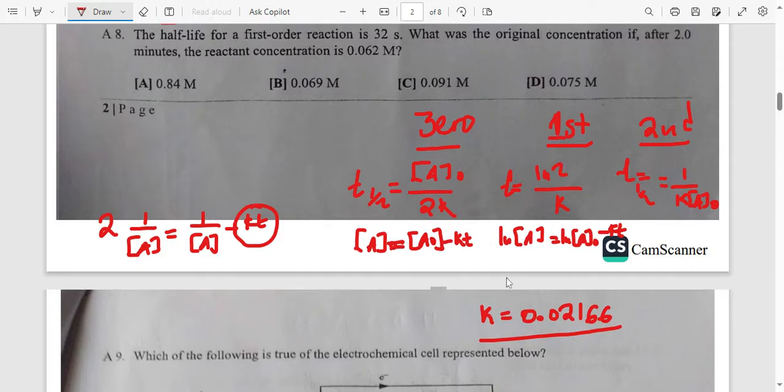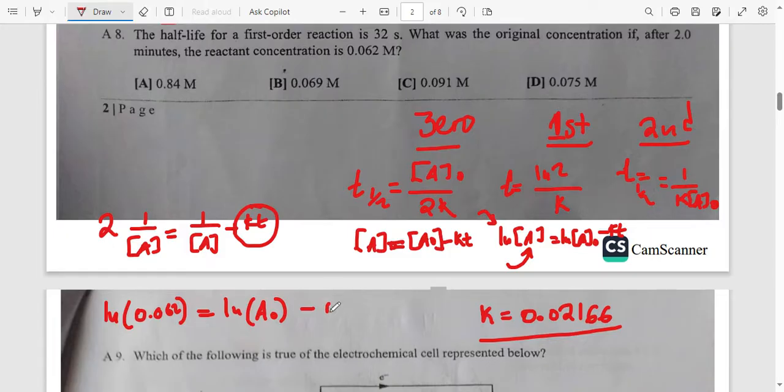So we want to use this formula now. I'm going to say natural log of the final concentration, because we are using this formula. After a time of 2 minutes, the concentration was 0.062. And this should be equal to natural log of the initial concentration, which is what we are trying to find, so I'll put A with an O there, minus kT.